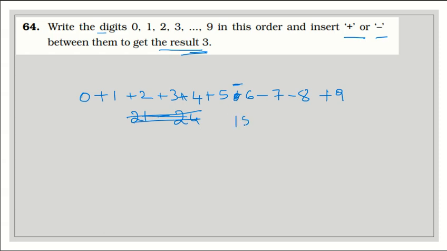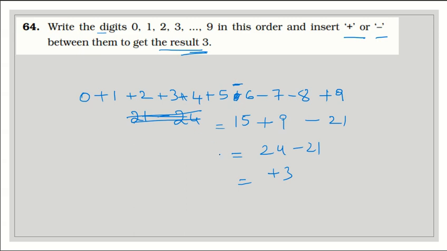So 15, 1 plus 2 plus 3 plus 4 plus 5 is 15, plus 9 minus 6 minus 7 minus 8, they will become minus 21. So it is 24 minus 21 and gives you plus 3. If it would have been minus 3, what was written earlier would have correctly suited.